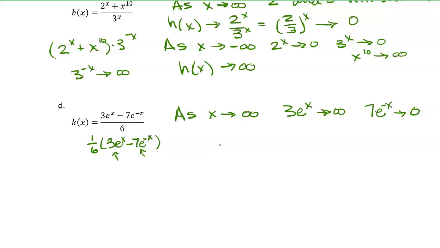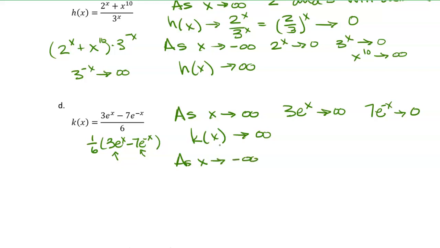So really the 3e to the x is going to determine the outcome. And so k of x is going to go to infinity. Because essentially it's infinity plus 0, and then times a sixth, and a sixth of infinity is still infinite.